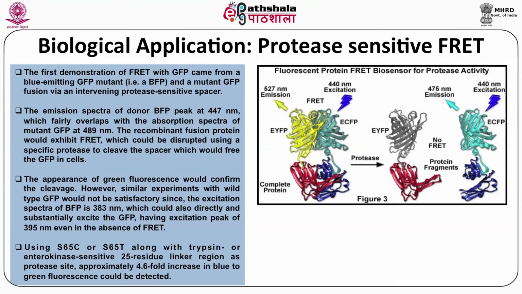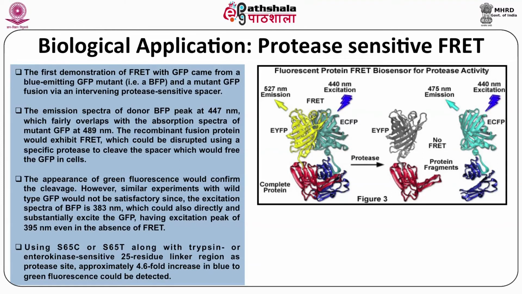However, a similar experiment with wild type GFP would not be satisfactory, since the excitation spectrum of blue fluorescent protein is 383 nanometer, which could also directly and substantially excite GFP, having an excitation peak of 395 nanometer, even in the absence of FRET.